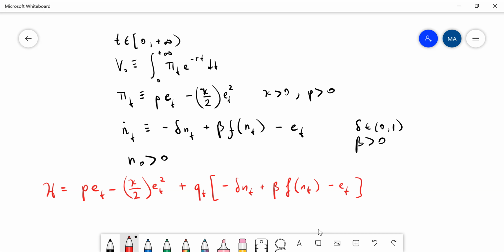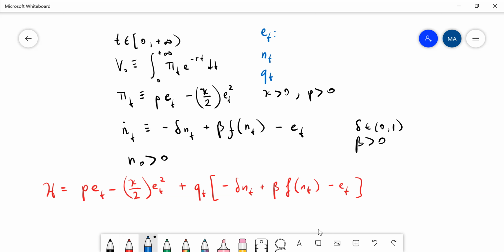So there is regeneration, there is death, and there is your extraction. So how can you tackle this problem? Well, your control variable here is e t, right? Your state is n t and your costate is q t, right?